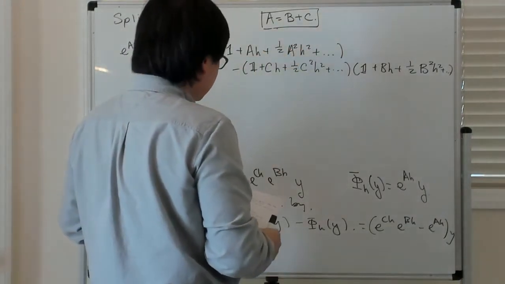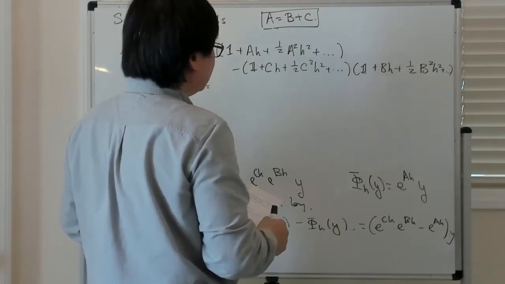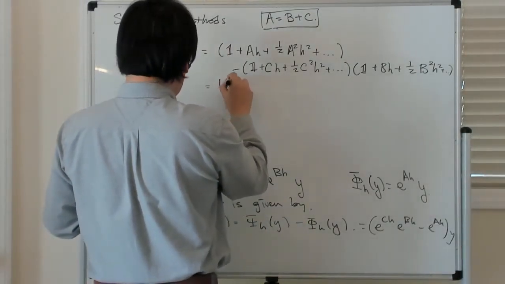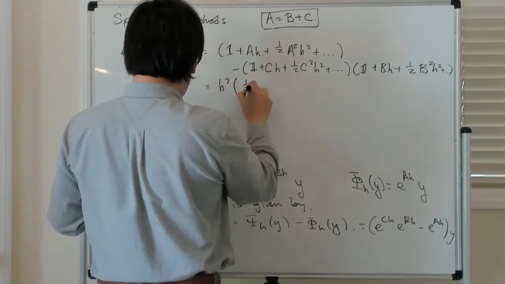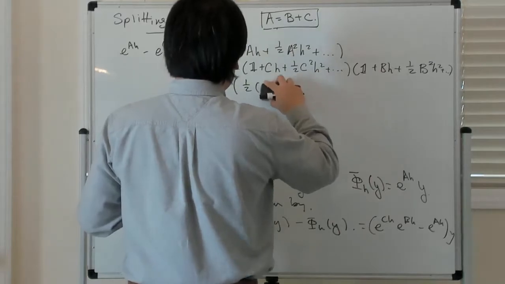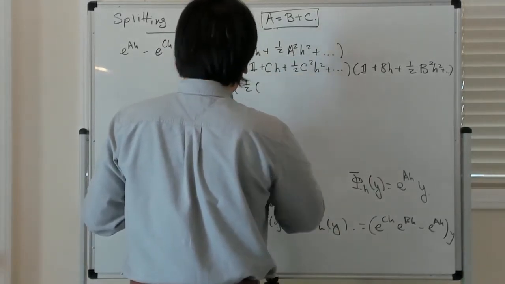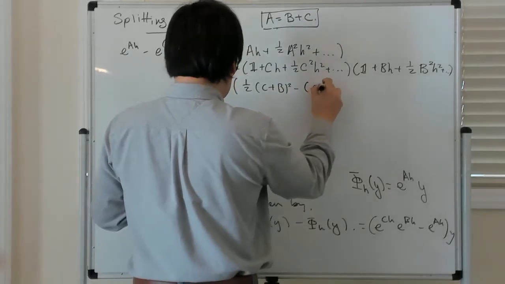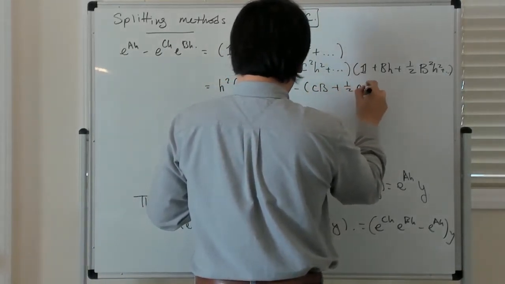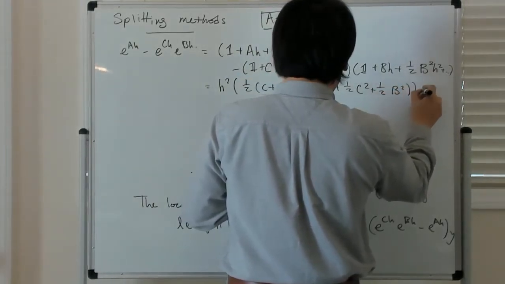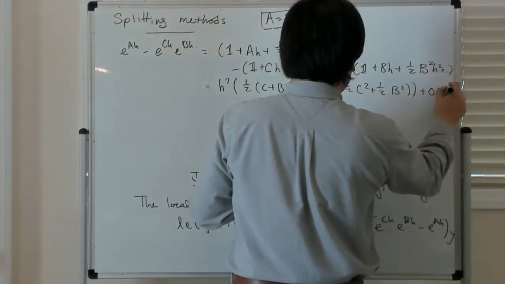So the first non-trivial term is something which is quadratic in h. So let's see what it is. This is h squared times 1/2 c plus b squared minus cb plus 1/2 c squared plus 1/2 b squared, plus big O of h cubed.